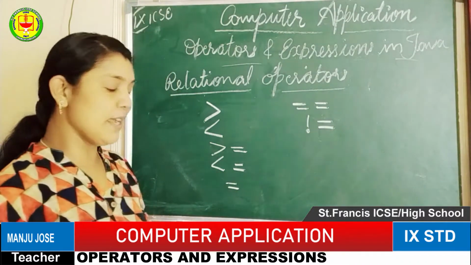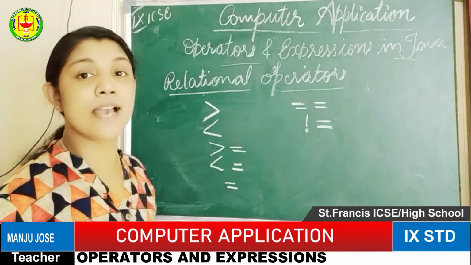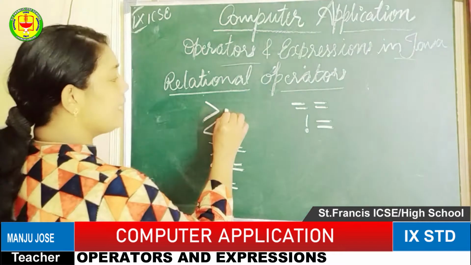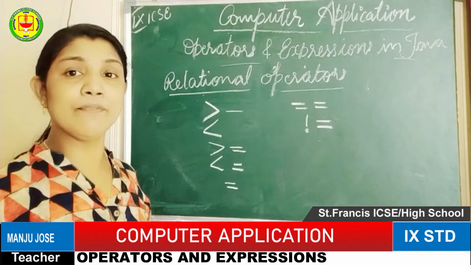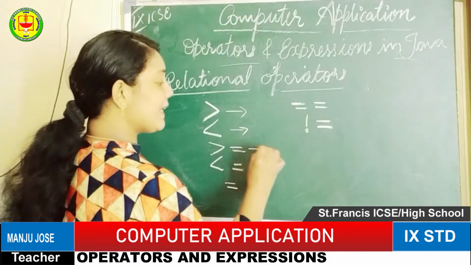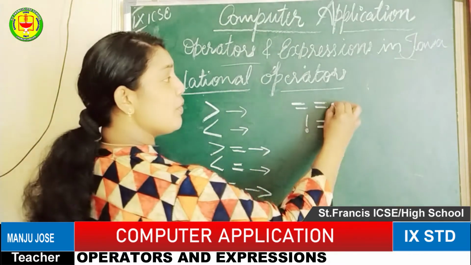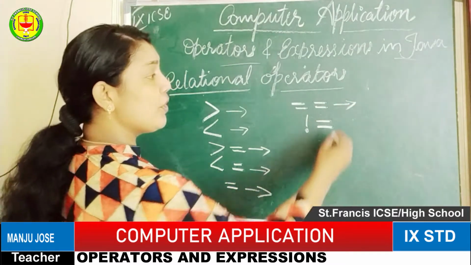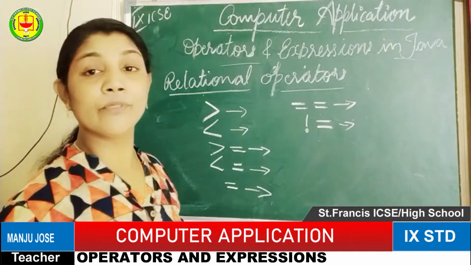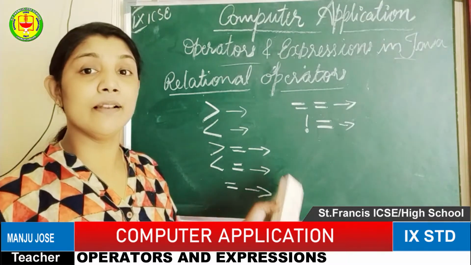These are the major relational operators we use in the Java programming language. We already know the names of the symbols: greater than, less than, greater than or equal to, less than or equal to, this is double equal to, this is not equal to. Now we can explain the use of each symbol.